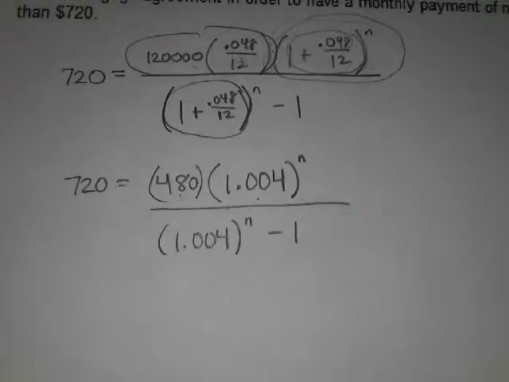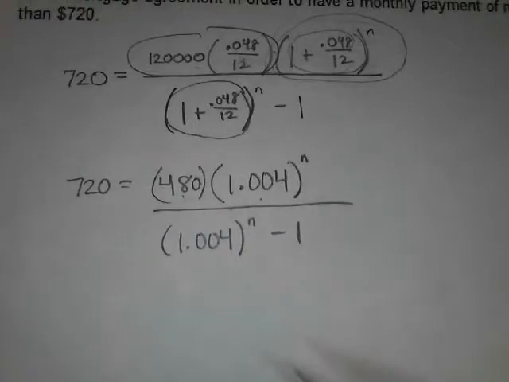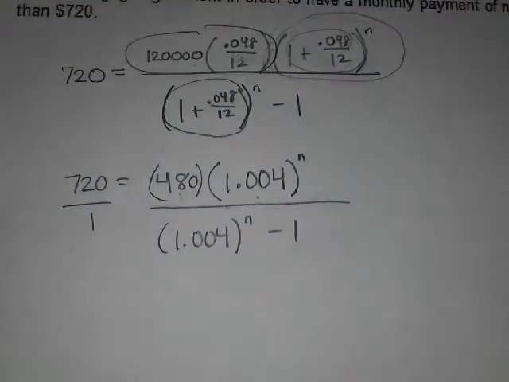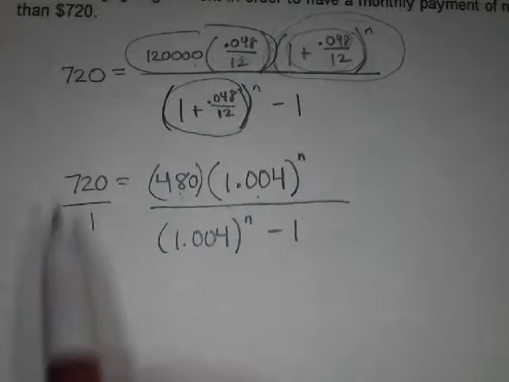Now, this is tough because what do we use to solve exponential equations? Logs. The problem is this might be the first problem we've ever come across where we have the exponent variable in two different locations. So what I'm about to teach you is a new technique, okay? So first and foremost, because we have a fraction, I'm going to put this over 1 and I'm going to cross multiply.